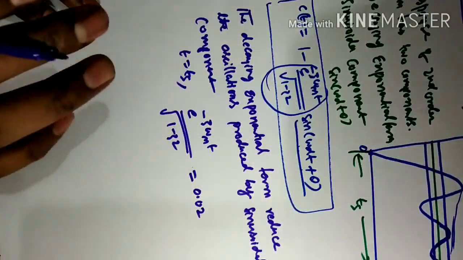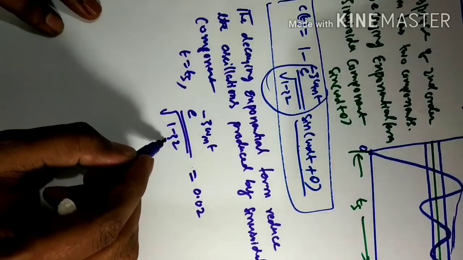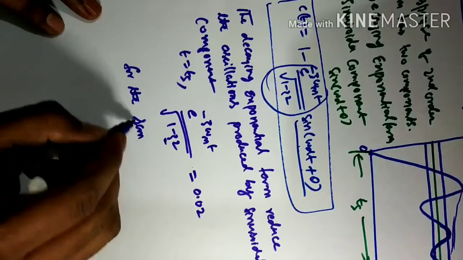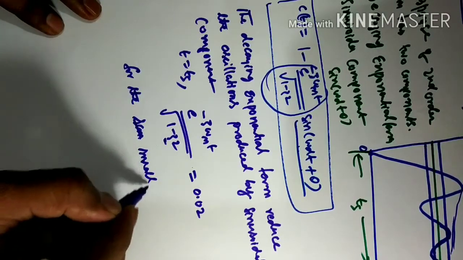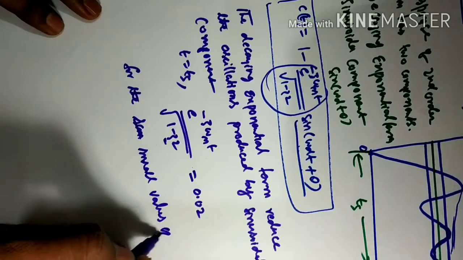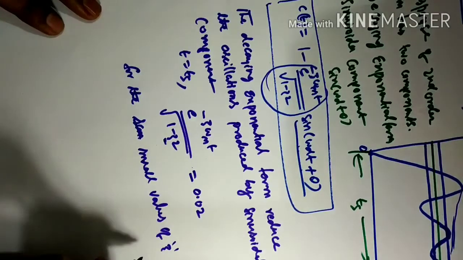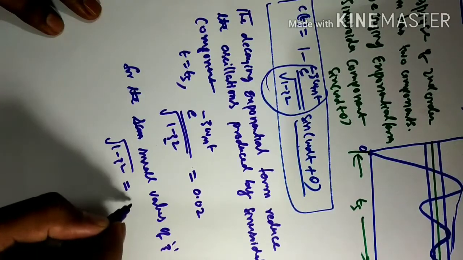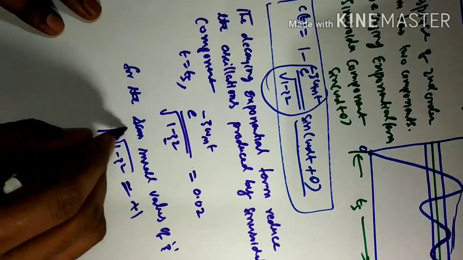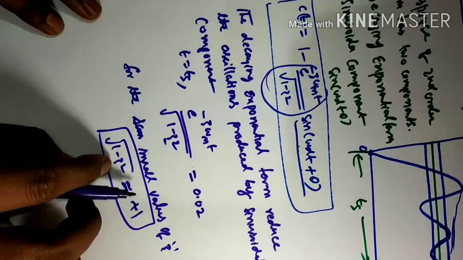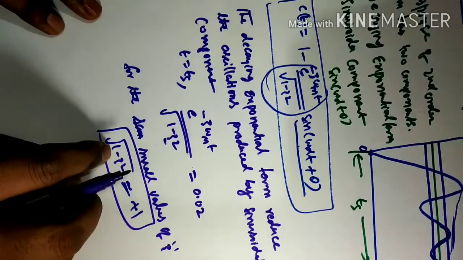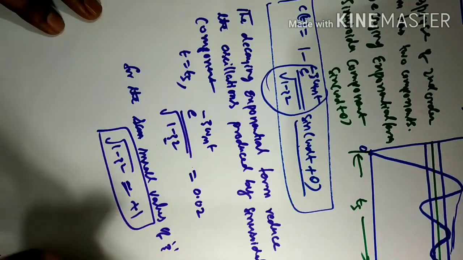For small values of zeta, what happens? Root of 1 minus zeta square becomes 1. For very small values like 0.001, it won't change much, so root 1 is 1.